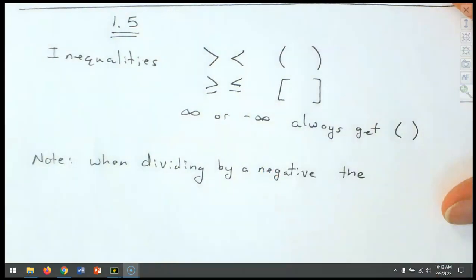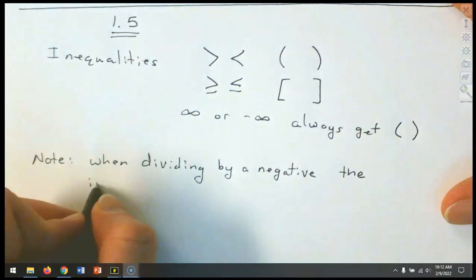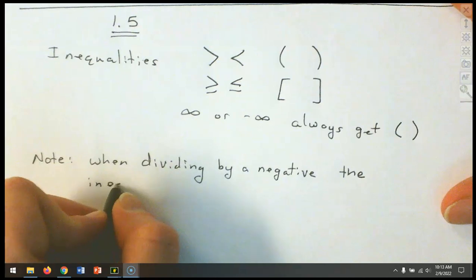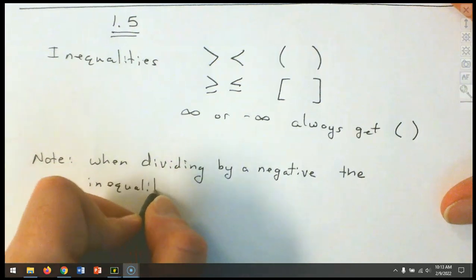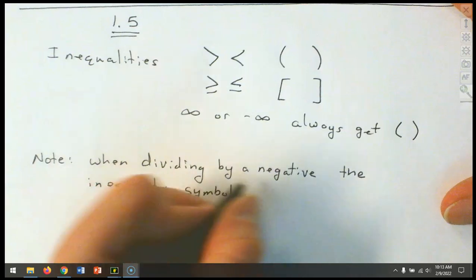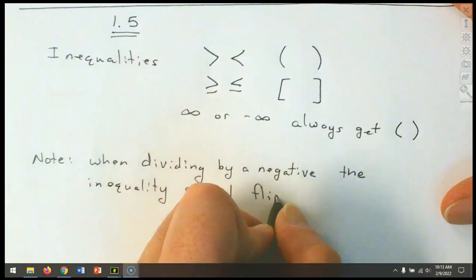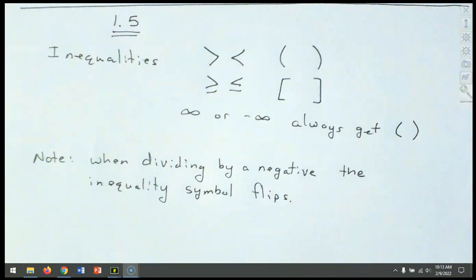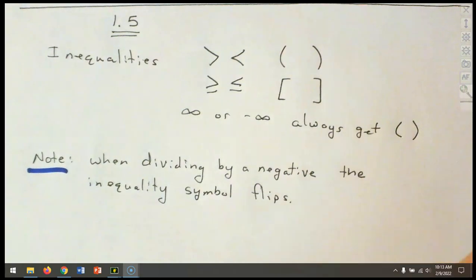Yep, when you divide by a negative, the inequality symbol flips. And so we need to remember that note there. So whenever you divide by negative, you flip that inequality.